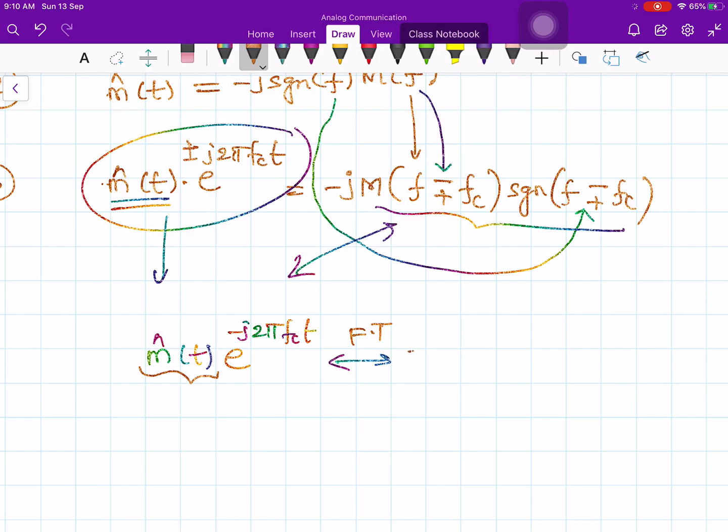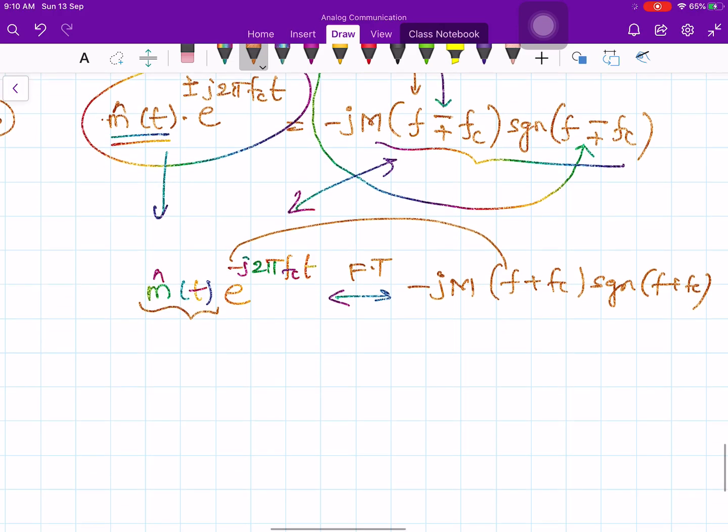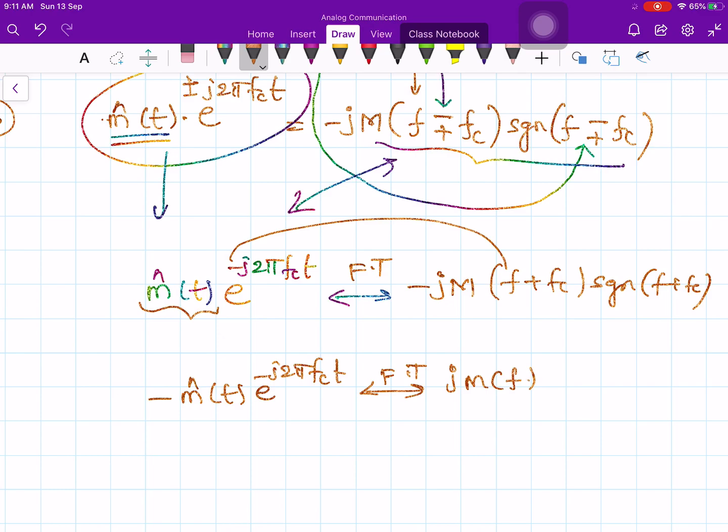Therefore, this is minus j times m of f plus fc, signum of f plus fc. Now, multiply both sides by minus. So, minus m cap of t e to the minus j 2 pi fct, the Fourier transform is equal to j times m of f plus fc, signum of f plus fc.